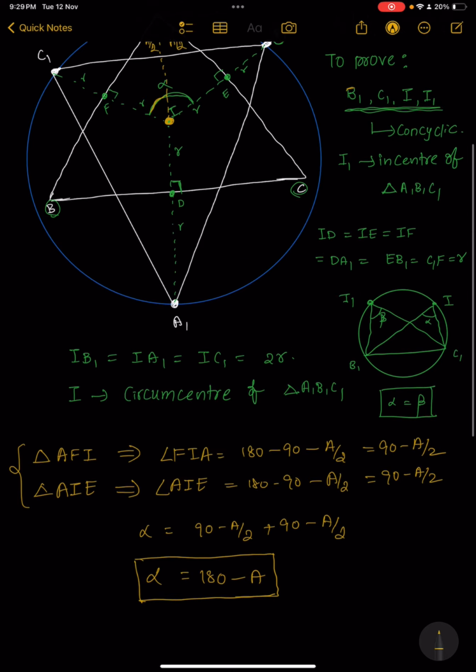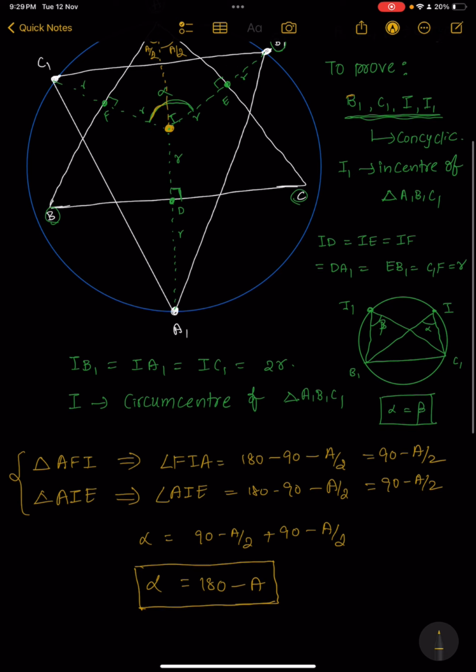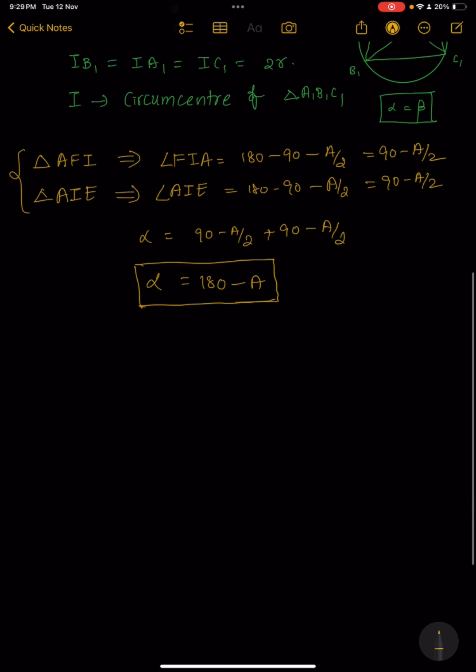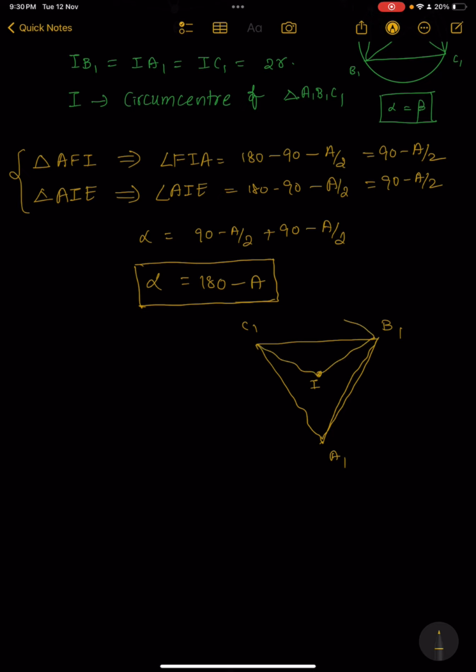Now one more thing. I is the circumcenter of triangle A1, B1, C1. So here we have C1, B1 and A1. I is the incenter of ABC but circumcenter of this triangle A1, B1, C1, and we know this angle. So there is a circle passing through this.